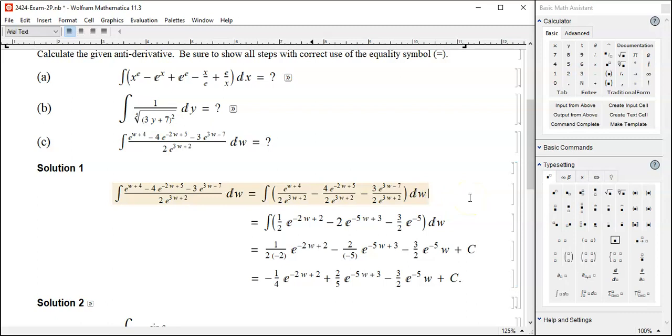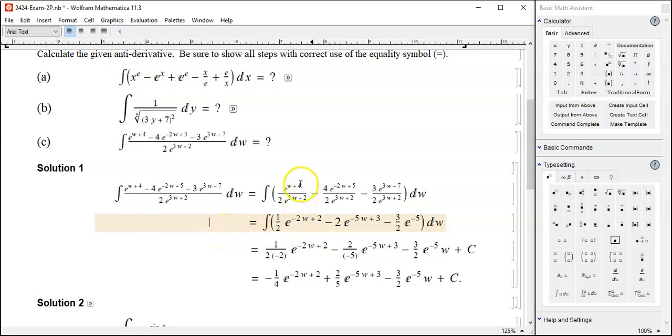Denominator is just monomial, just one exponential. So separate the numerator like this. And then separate the numerator, as you see in the right hand side. And then like this, you can simplify each exponential.